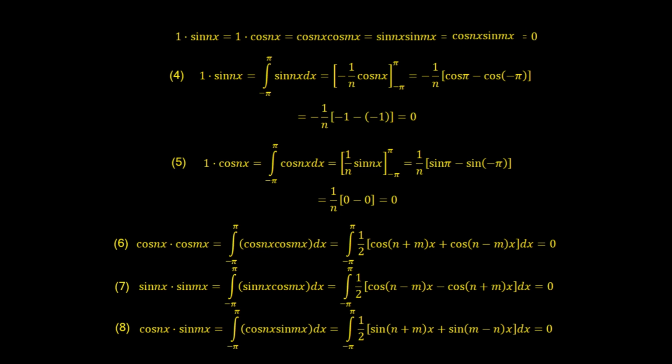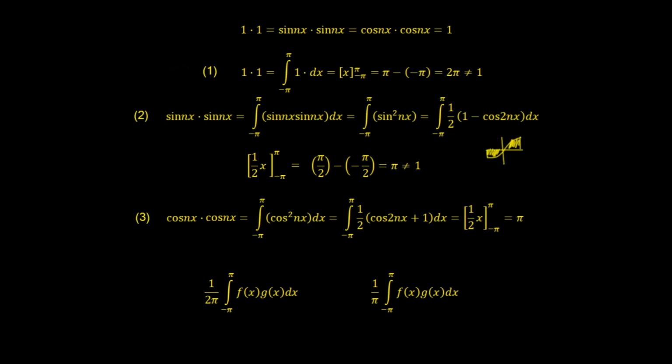So that is a proof that the dot product that we require, if we go to the previous page, is going to be given by these terms here: 1 upon 2 pi, the integral from minus pi to pi of f of x times g of x dx, and 1 upon pi, the integral from minus pi to pi of f of x g of x by dx.